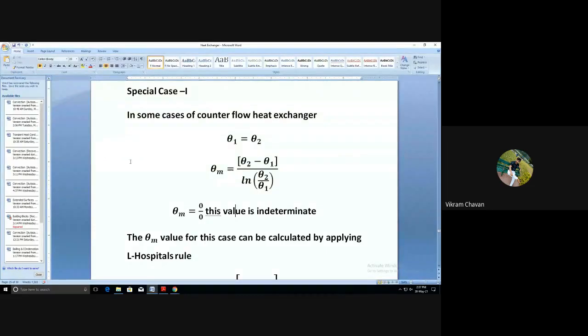Our equation for LMTD, for counter flow and parallel flow, is theta m is equal to theta 2 minus theta 1 whole divided by ln of theta 2 divided by theta 1. So if these two values are the same, then we will get theta m is equal to 0 divided by 0, which is indeterminate.